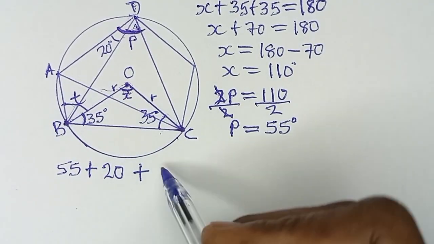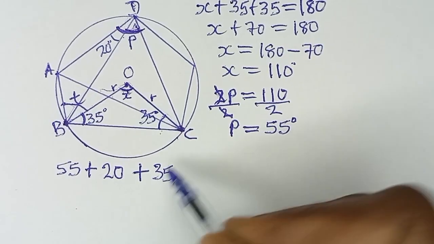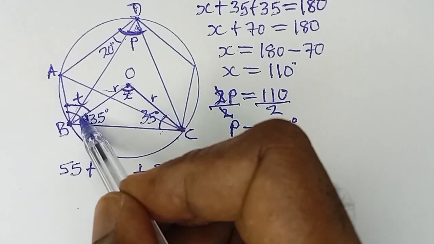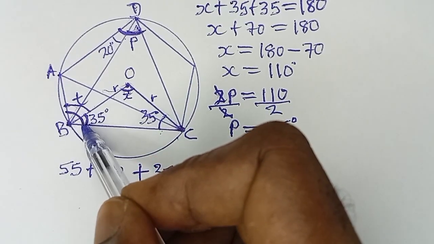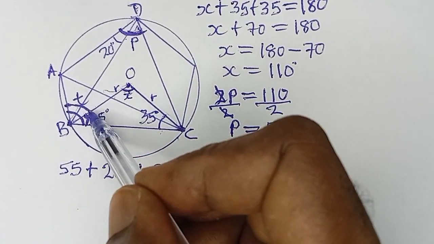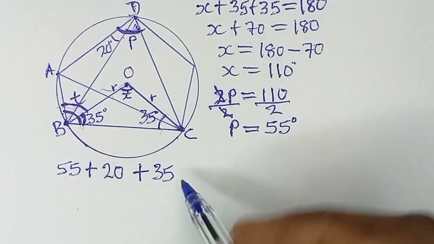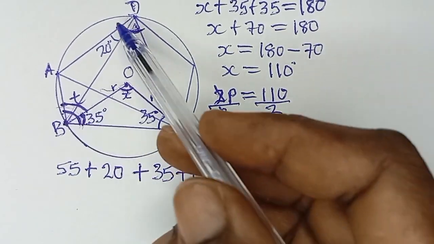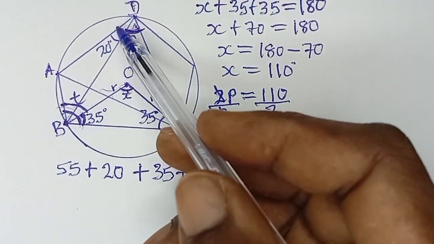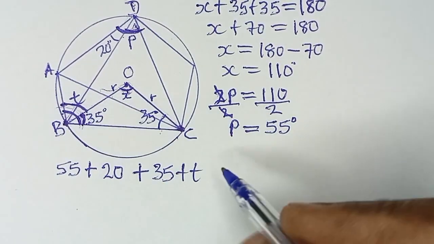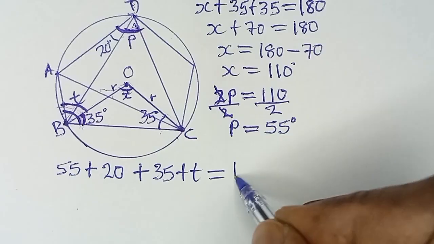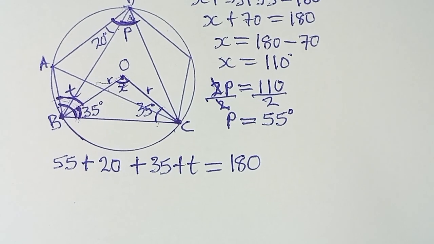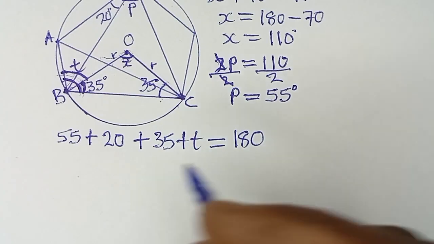The opposite angle here is 35, which is this part, and this value T. That will give us the complete opposite angle here. That is 35 plus the value of T. So 35 plus T. And because they are supplementary, the two angles add up to 180 degrees. So I'll say it's equal to 180 degrees.